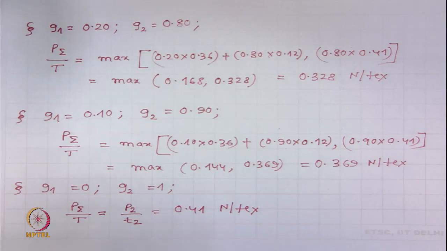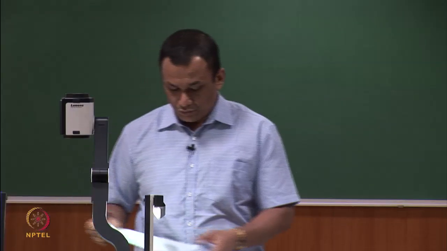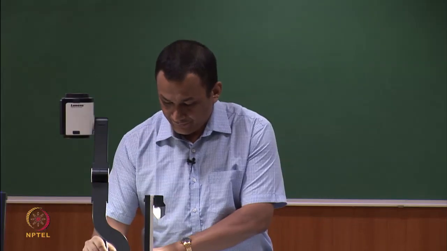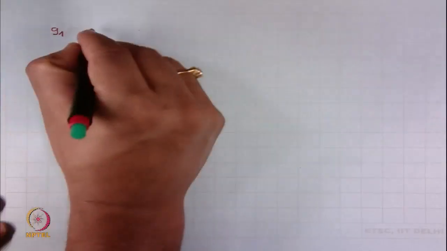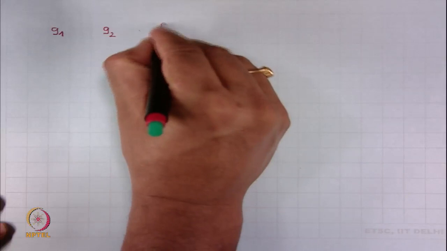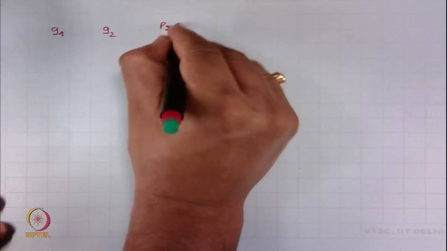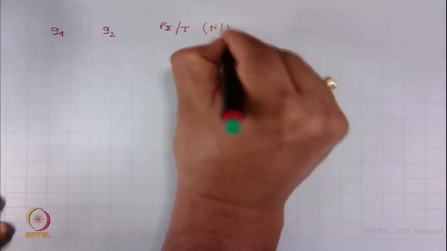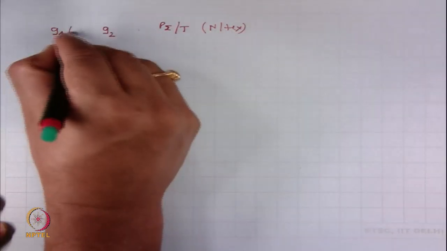If we summarize the results, what we see is that G1, G2 and bundle tenacity in Newton per tex, dimensionless.